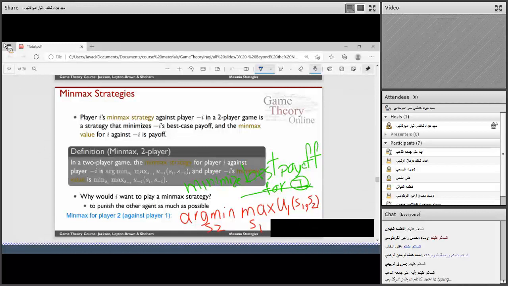Player I's minimax strategy against player minus I in a two-player game is a strategy that minimizes minus I's best case payoff.